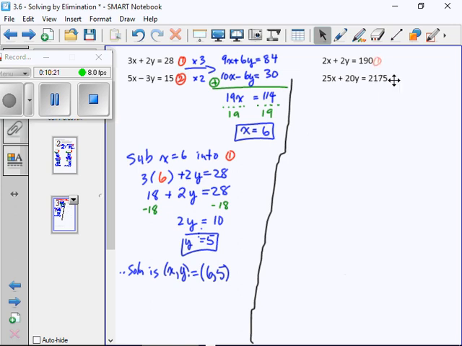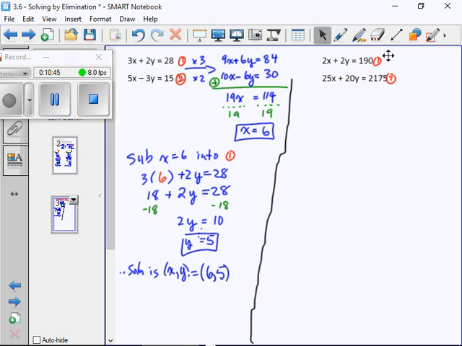Now, the only reason I'm showing you this problem is that sometimes you don't have to multiply both of the equations by a number to get rid of a variable. If I look at this, that 20y in the second equation is easy to mimic in the first equation.